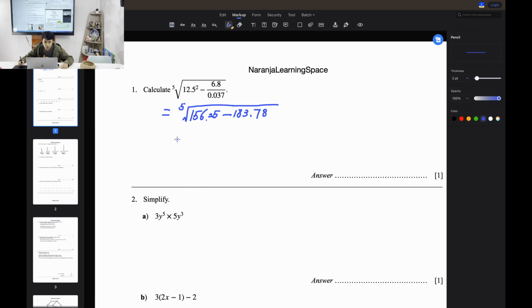So at least in the intermediate steps you must have 4 significant figures and above.